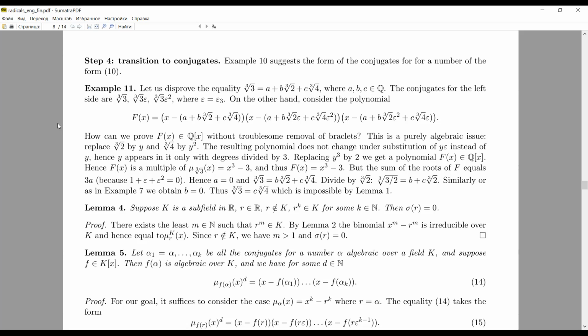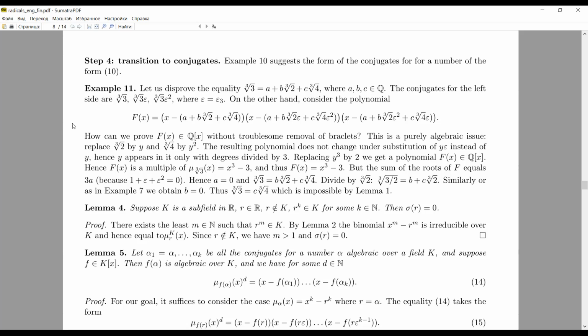So f of x is a multiple of the minimal polynomial of the cubic root of 3, that is x cubed minus 3, and the degrees of these polynomials are the same. So f of x is actually x cubed minus 3.